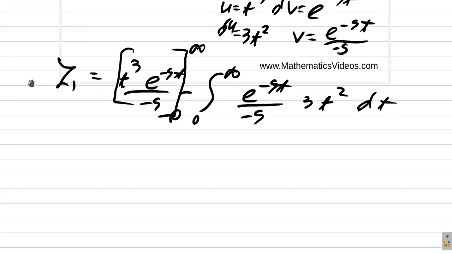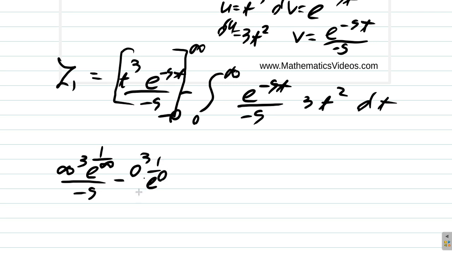Now, here, if we put in the boundaries, we'd be saying infinity raised to the 3 times 1 over e to the infinity over negative s, minus 0 to the 3 times 1 over e to the 0 over negative s. That's what would happen.